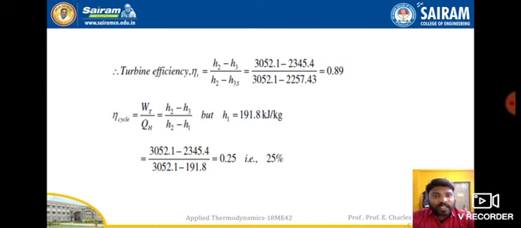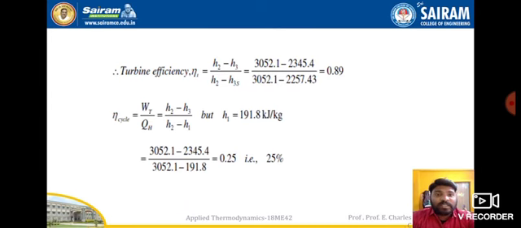Next is the cycle efficiency. The overall efficiency, which we can call the cycle efficiency, is equal to WT divided by QH. WT means turbine work. Where do we get this turbine work? From process 2 to 3, that means H2 minus H3, divided by the heat supplied. Where do we come across this? Between H1 and H2.